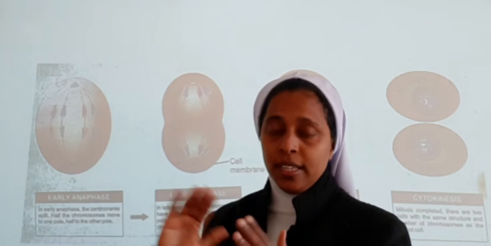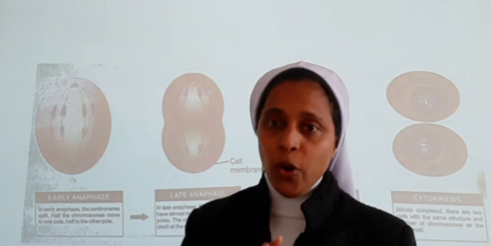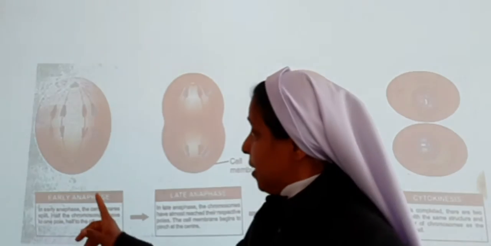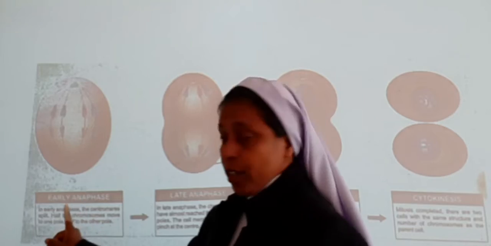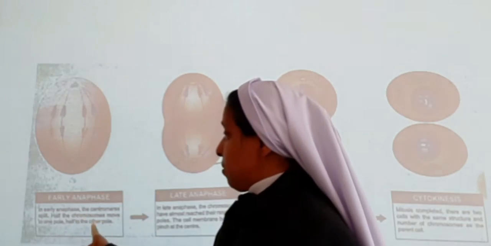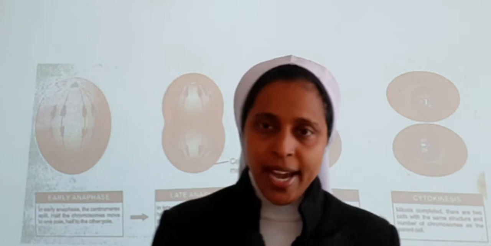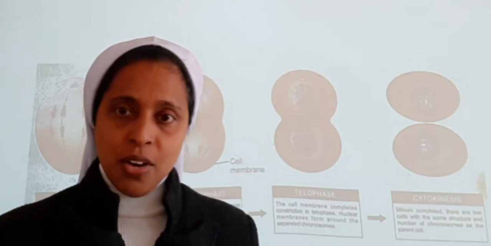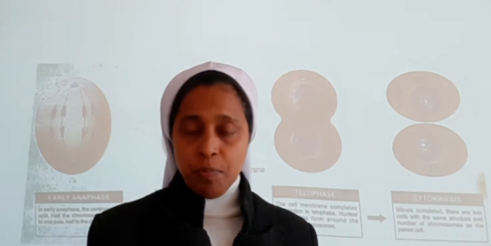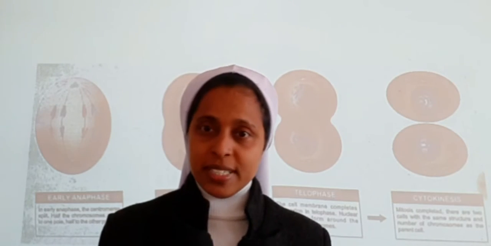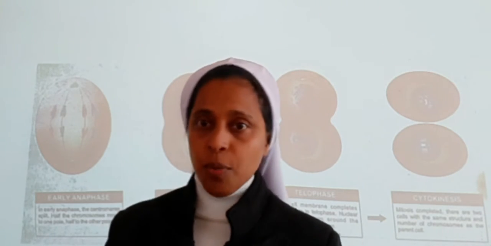Both sets of chromosomes are moving to the opposite poles. So in the early anaphase stage, the centromere splits and the chromosomes move towards the opposite poles.